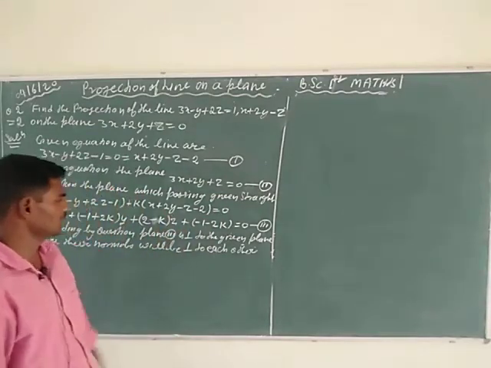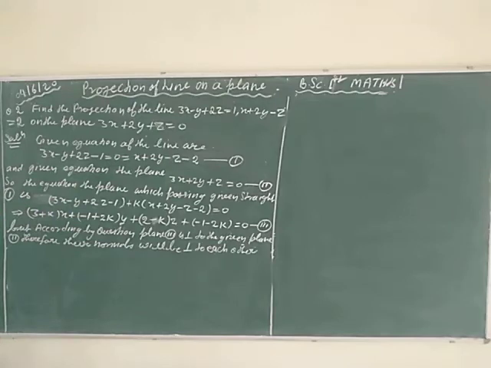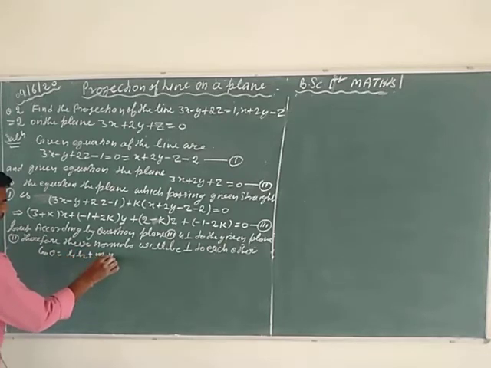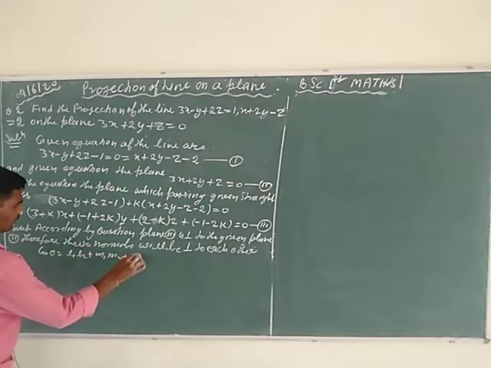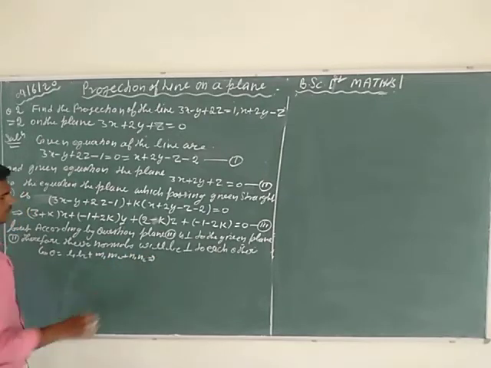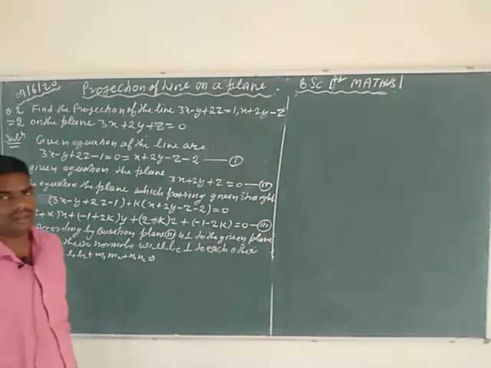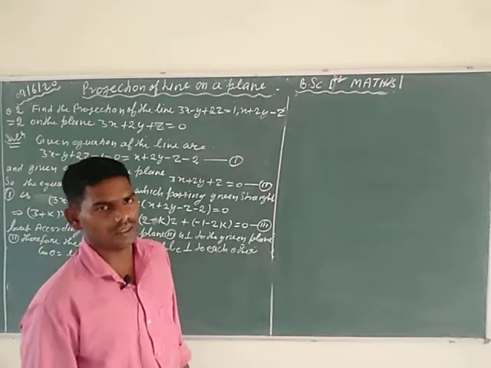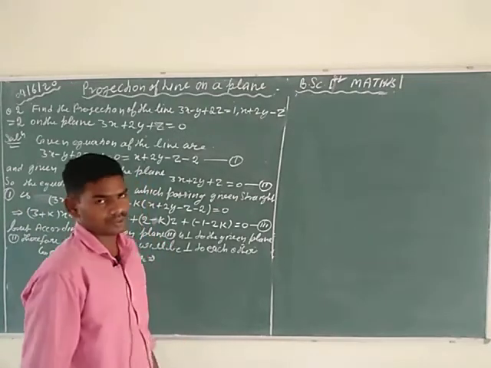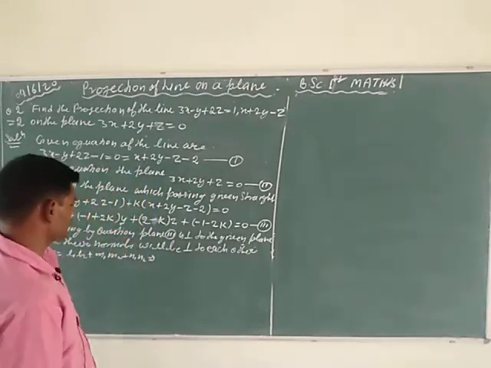Applying this condition, we write cos theta is equal to L1 L2 plus M1 M2 plus N1 N2. Here theta is 90 degrees, because the normals intersect each other at 90 degrees, meaning perpendicular.